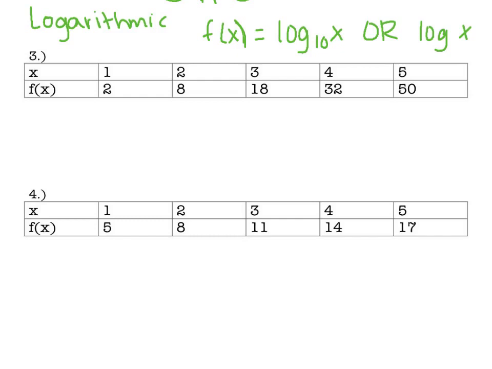If I'm looking at this table, to get from 2 to 8, I added 6. And then I added 10 to get from 8 to 18. And then I added 14 to get from 18 to 32. And then I added 18 to get from 32 to 50. So if you don't remember, this is called the first difference.